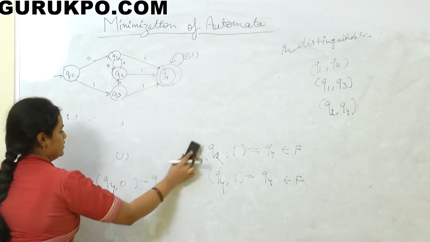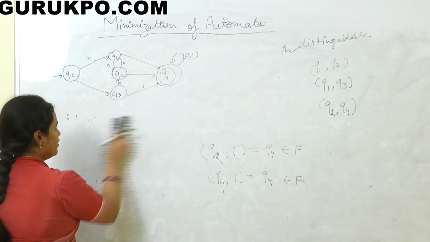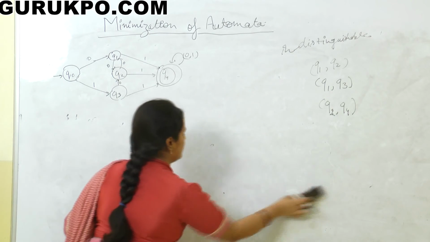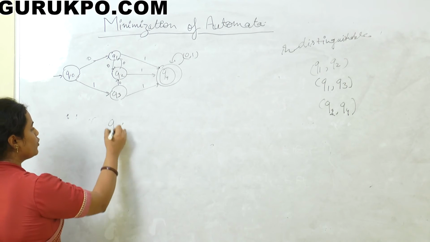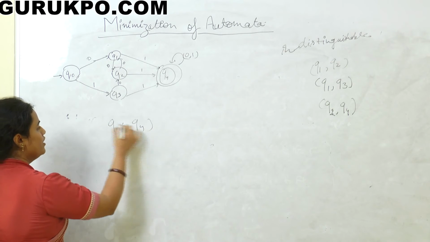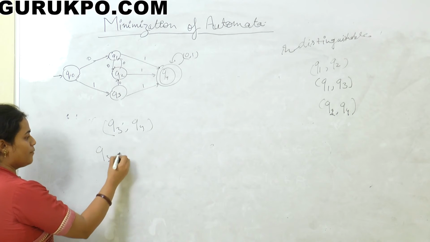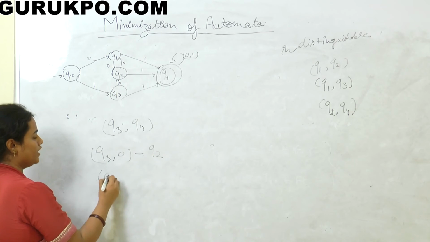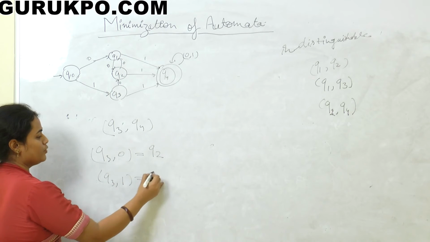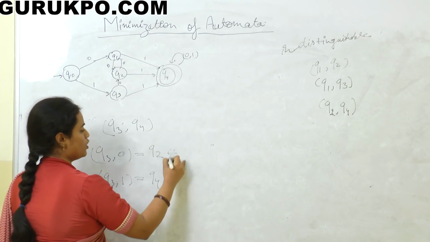Now we will check for Q3 and Q4, whether Q3 and Q4 are indistinguishable or distinguishable. At Q3 I am giving the input 0, I am reaching the state Q2, which does not belong to final. At Q4 I am giving 0, I reach Q4, which belongs to final.